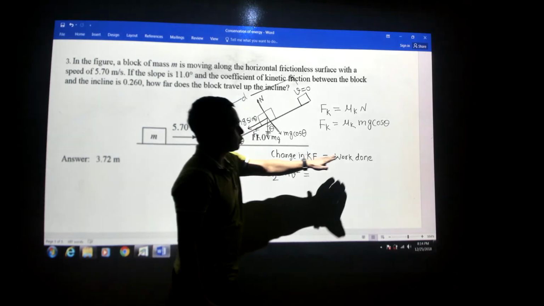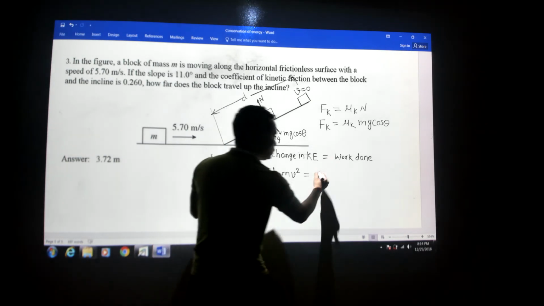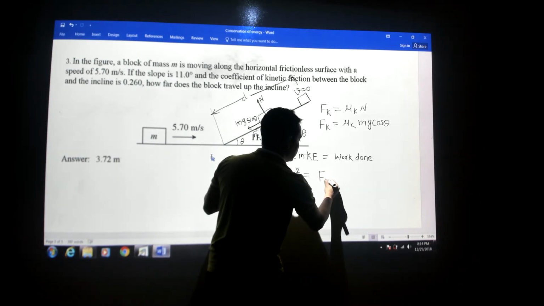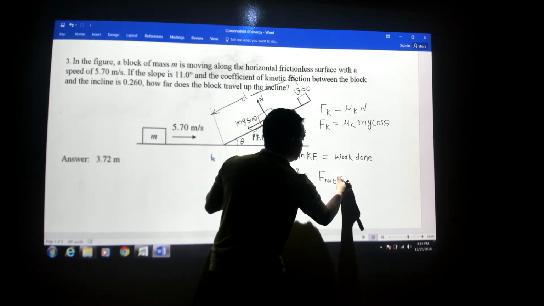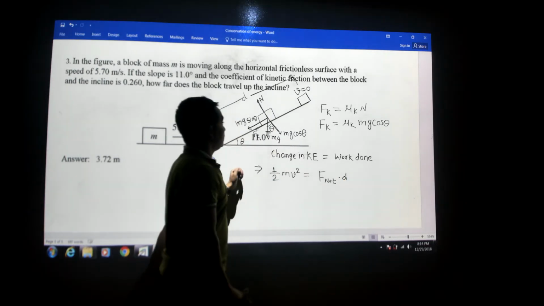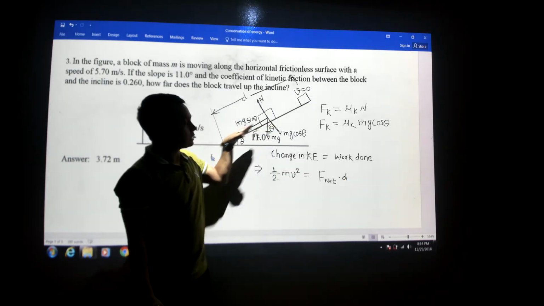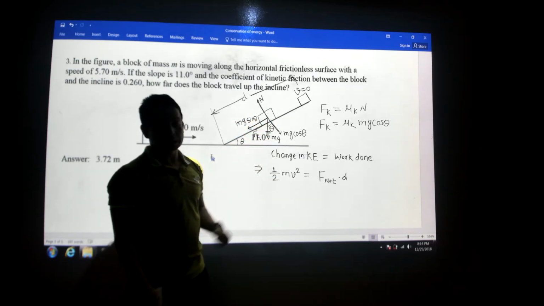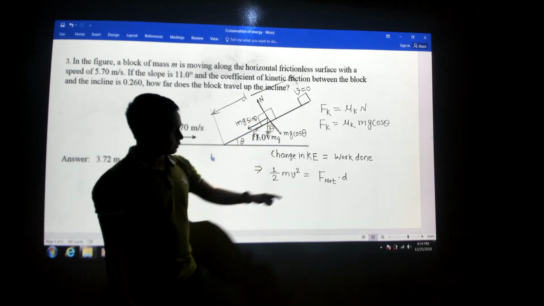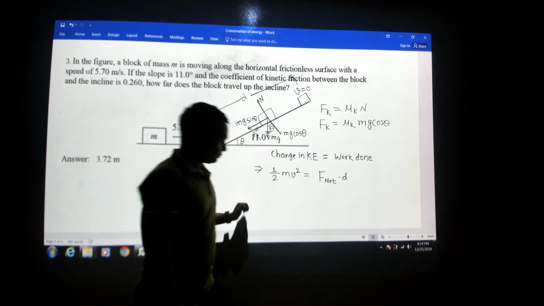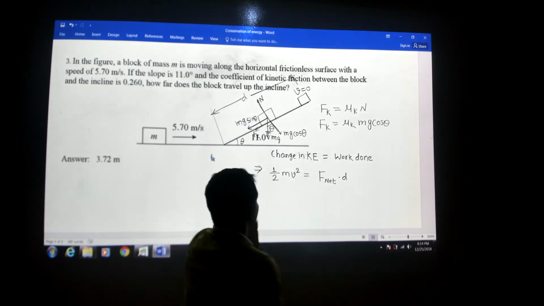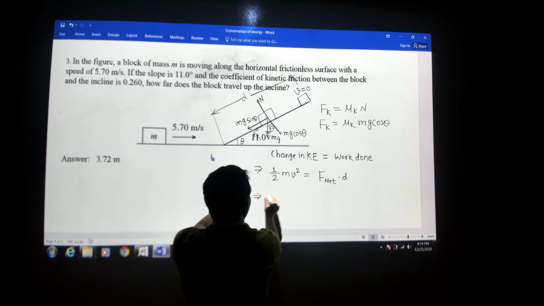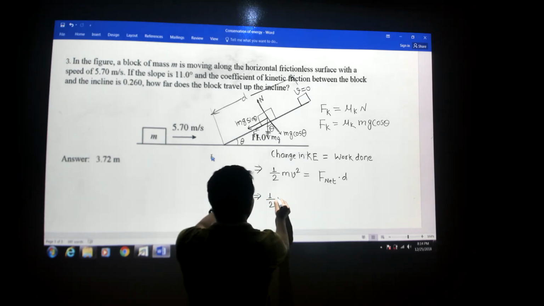Now let's find out the work done. The work done is the total force F net times the distance. The angle between the force and the displacement is 0 degrees. So half m v squared equals the total force times d.